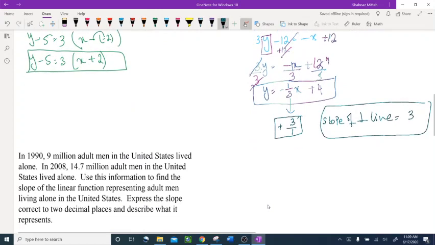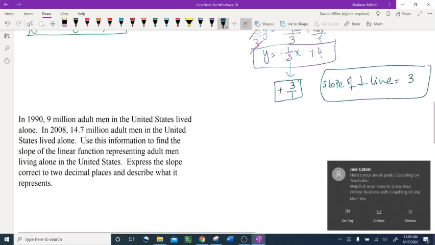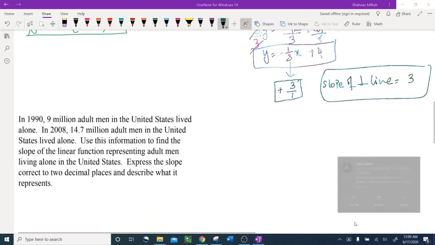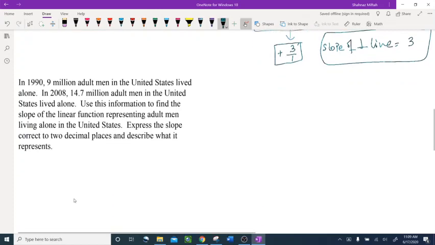Okay, let's try another question on rate of change. So the rate of change is something right there. In 1990, 9 million adult men in the United States lived alone. So my information is right there. I'm just going to circle it.